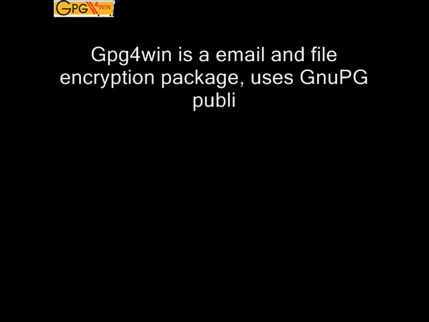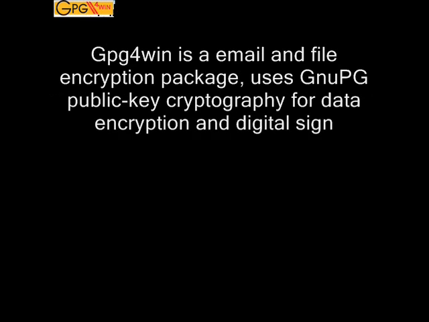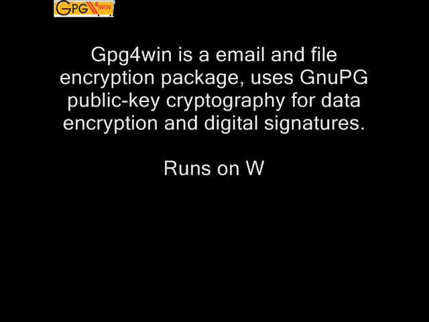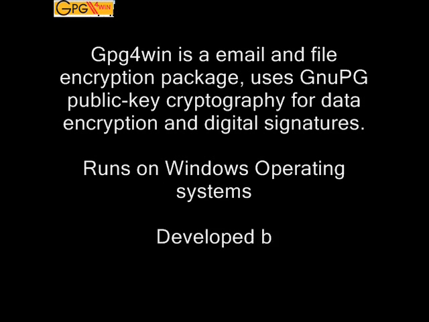GPG4Win is an email and file encryption package for most versions of Microsoft Windows. It uses GNU-PG public key cryptography for data encryption and digital signatures. It runs on Windows operating systems and was originally created by Germany's Federal Office for Information Security.